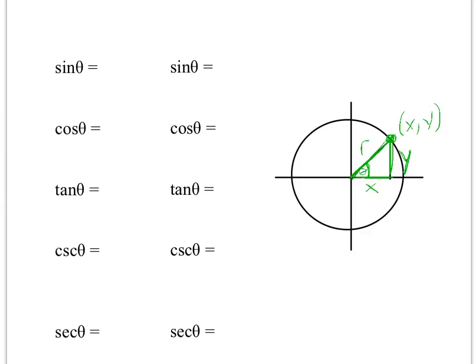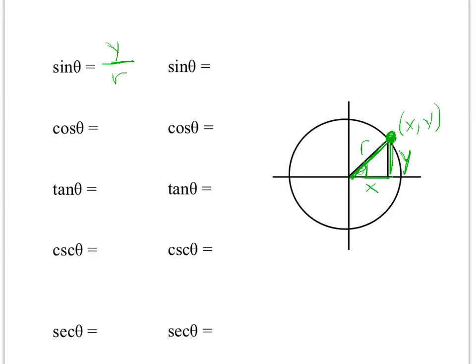So if I'm looking at a point on the unit circle on the xy plane, and I want to find the sine of it, remember, sine is opposite over hypotenuse. But in our case, the opposite is the y value, and the hypotenuse is the radius.